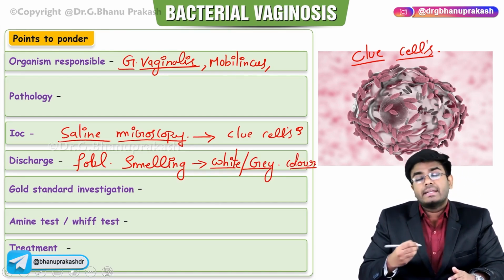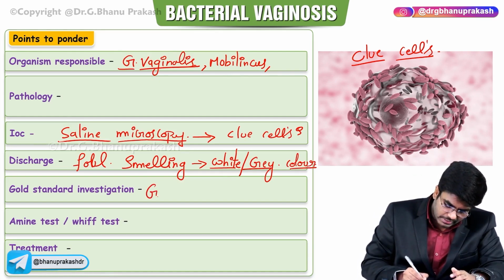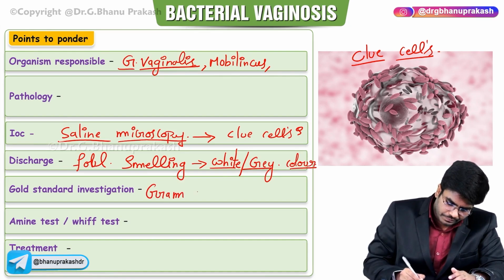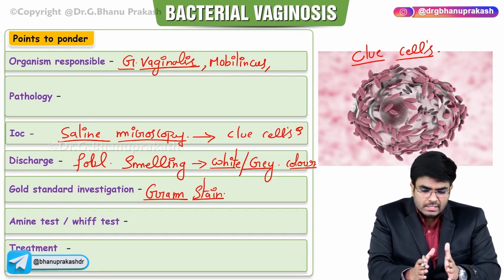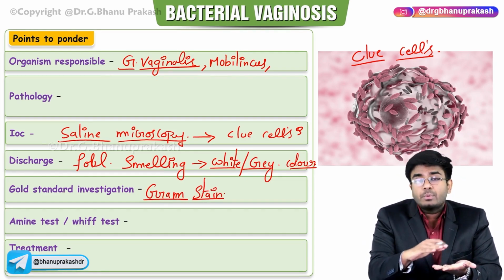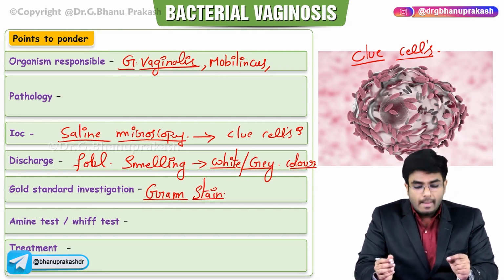What about the gold standard investigation? The gold standard investigation is gram staining. You all know what gram staining means. You just collect the discharge, do the gram staining, put it under the microscope, and you will know the organism. So gram staining is the gold standard.